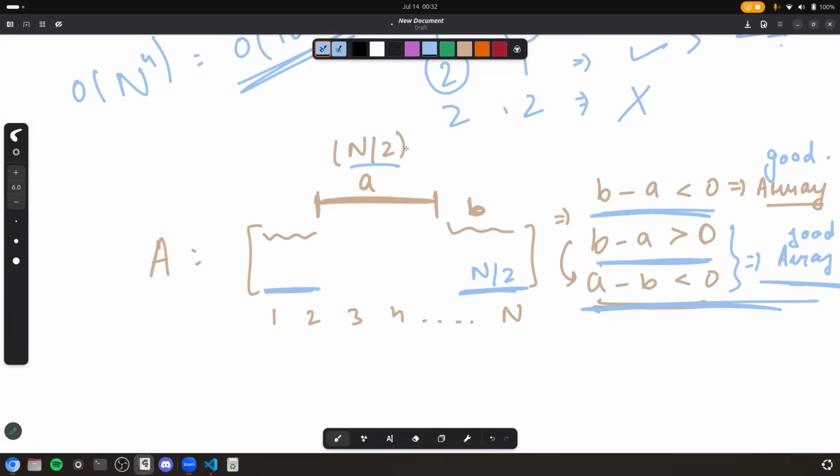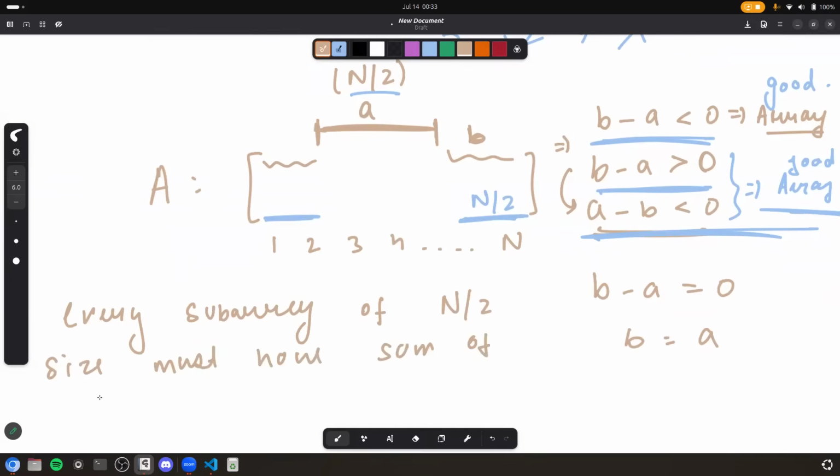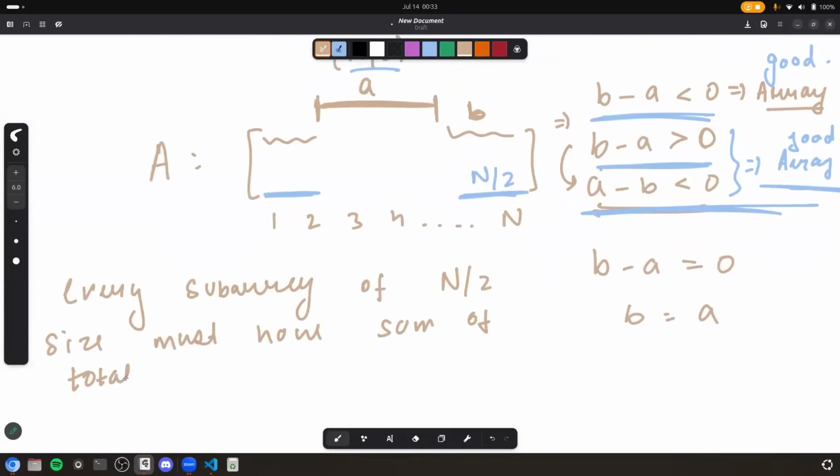So for the array not to be good, every subarray of n by 2 size must have B minus A equal to 0, so B should be equal to A. That means every subarray of n by 2 size must have a sum of total sum by 2.